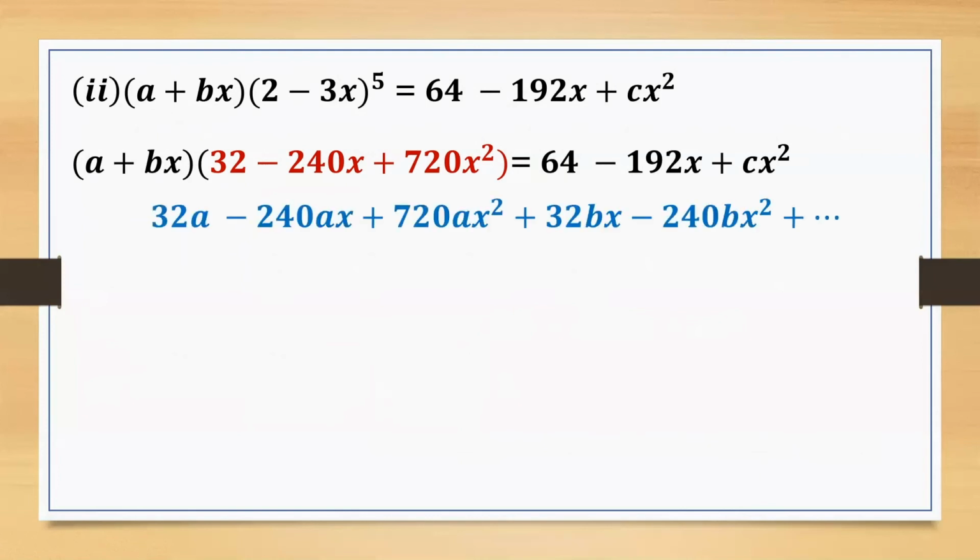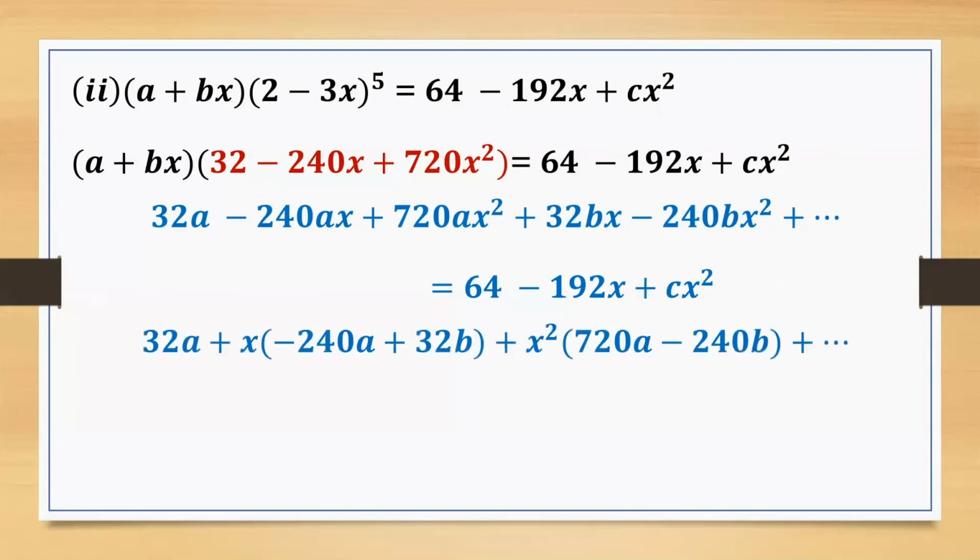to get 32a − 240ax + 720ax² + 32bx − 240bx². I'm not going to consider the x³ term, because I don't need it, is equal to 64 − 192x + cx².